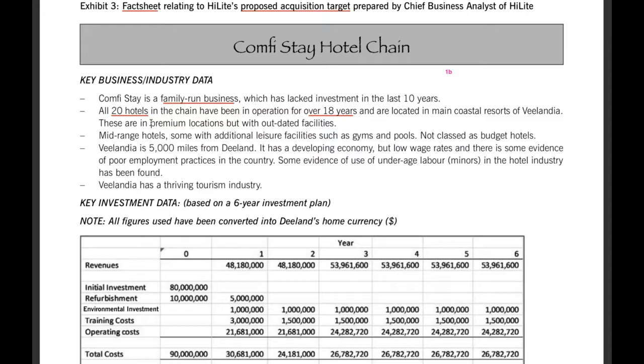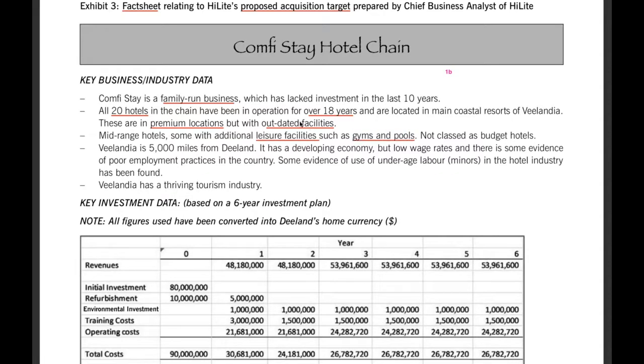So this is what you are supposed to be looking at. They have premium locations, but remember they have outdated facilities. Okay, this particular outdated facilities will result in many things. So we may want to read further on what happened, but this is actually a mid-range hotel. They do have leisure facilities and gyms and pools.